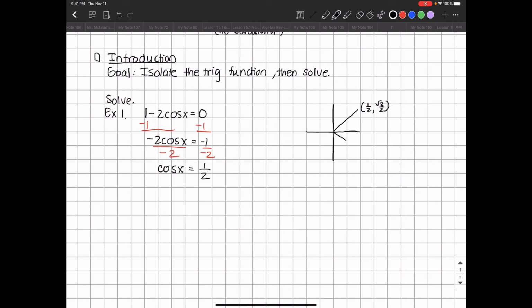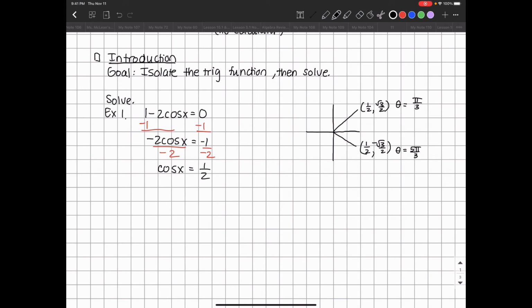I also have a positive 1/2 in the fourth quadrant, and that's for y, negative square root of 3/2. I know the angle for that point is pi/3, or 60 degrees. And I know that this angle is negative pi/3, or on the unit circle it is 5 pi/3.